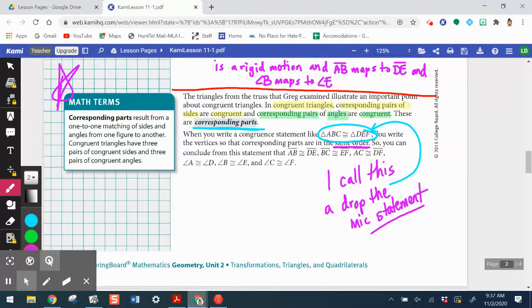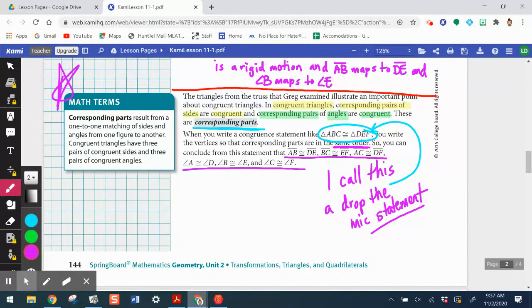So when we write that triangle ABC is congruent specifically to triangle DEF, we're actually saying all of these congruency statements. And it's based on the order, such that in the original statement, AB, being the first 2 points listed in the triangle, is congruent to line segment DE. And line segment BC is congruent to EF, and so forth and so on.